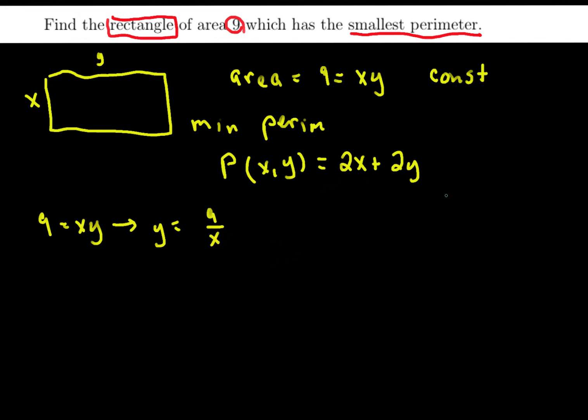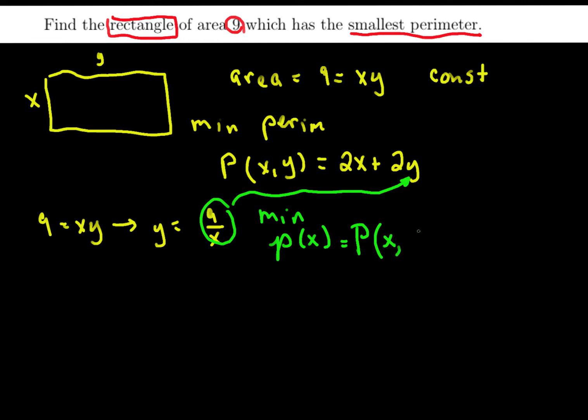And so the new problem to solve would be to minimize the function P of x, which, taking this for y and replacing it right here, would be equal to P of x, 9 over x, which would be 2x plus 18 over x. So this is the function we want to minimize.